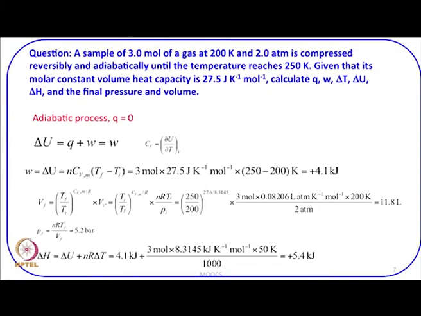So, the way to solve these types of questions when the process is adiabatic, it is always a good idea to start with the first law of thermodynamics, and then to see how we can use the different definitions to get the answers for the various thermodynamic quantities that have been asked.